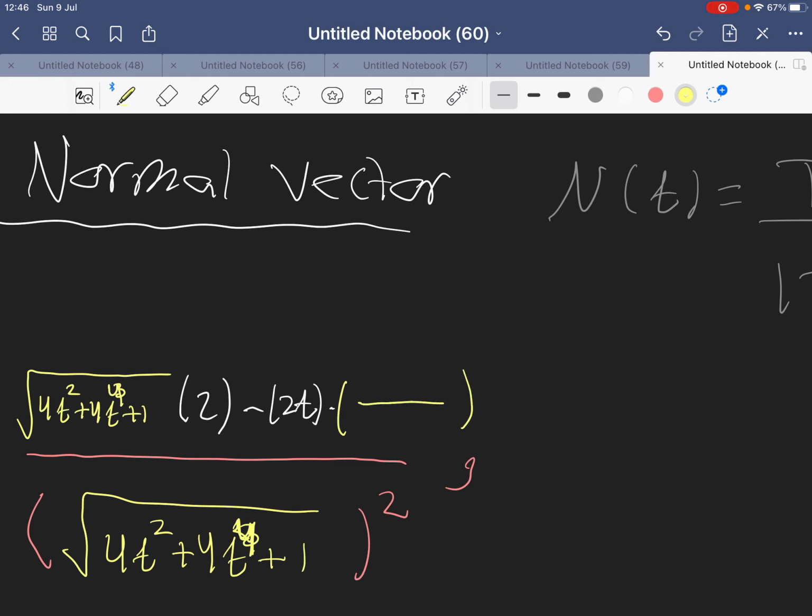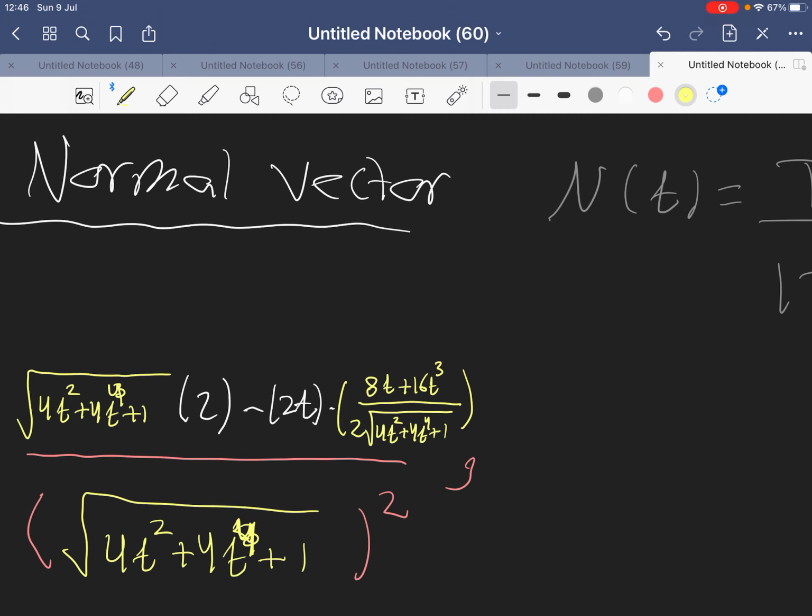This will be 2 square root of 4t squared plus 1. And then because of the chain rule, you need to find the derivative of whatever is inside. And that will be 8t plus 16t cubed and nothing else.